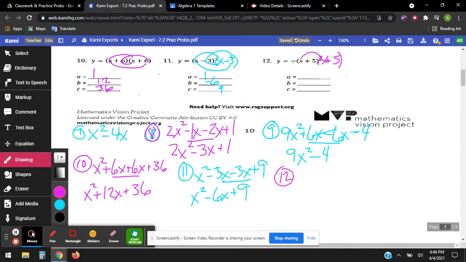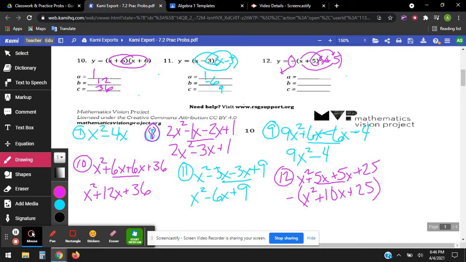So x times x squared. I'm just going to ignore this part right now. X times 5 is 5x. 5 times x is 5x. 5 times 5 is 25. Combine these guys. X squared plus 10x plus 25.